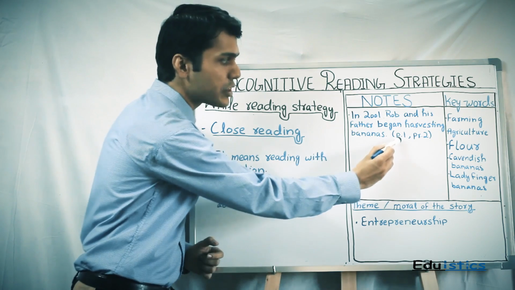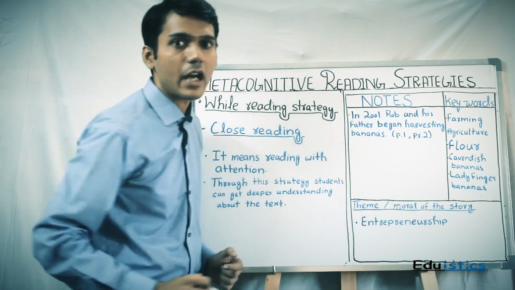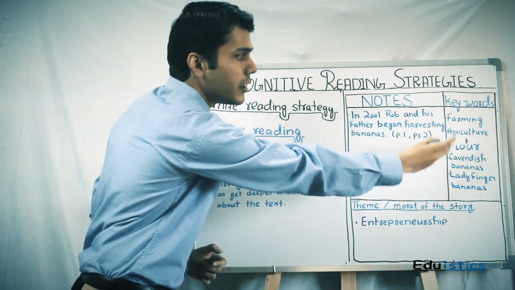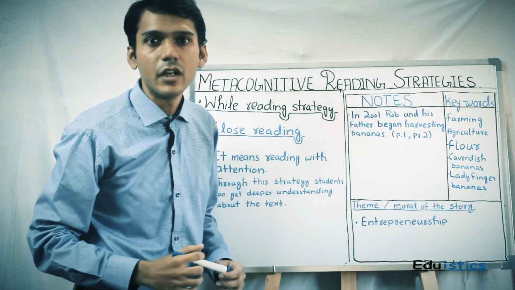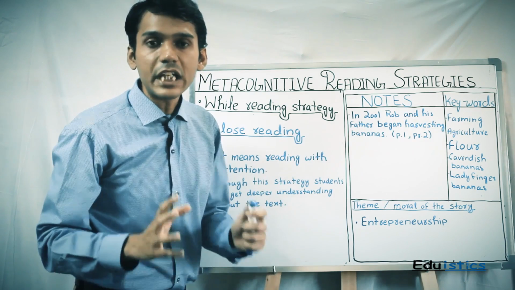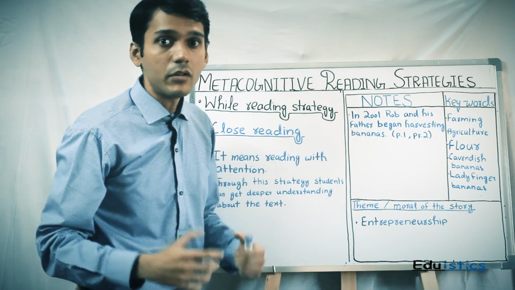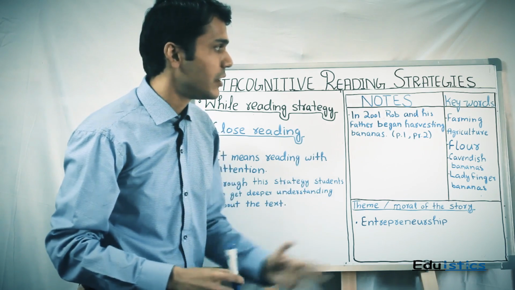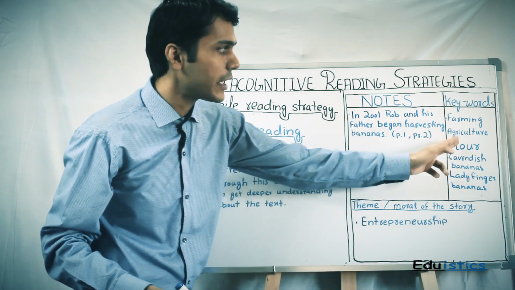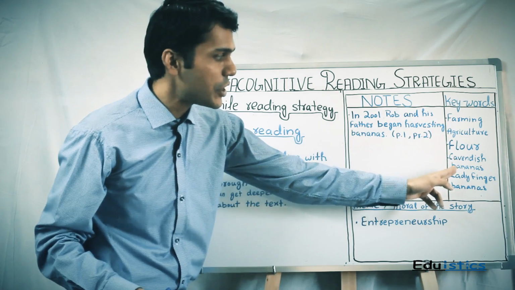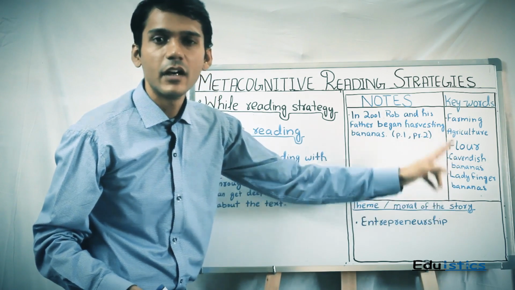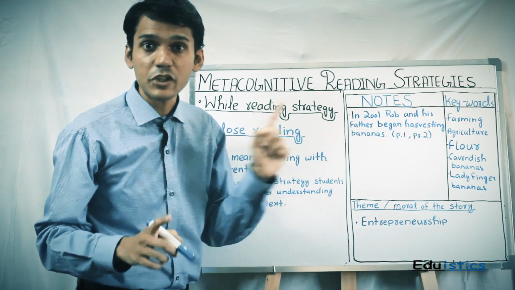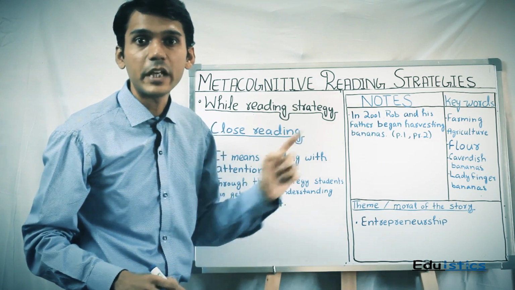Remember to note down the page number and paragraph number as well. On the right side, they will note down keywords, words that tell about the theme of the story, or tell what the story is all about, like farming, agriculture, flower, Cavendish bananas, ladyfinger bananas. All these keywords are taken from the story of that picture which I showed you at the pre-reading stage.